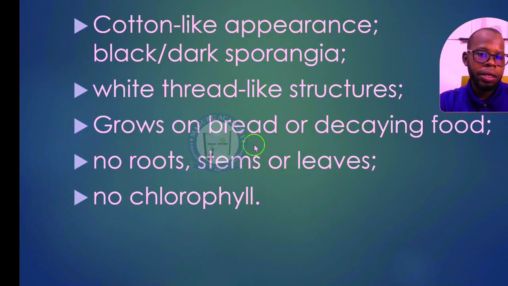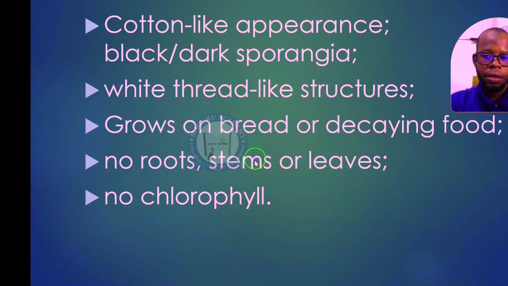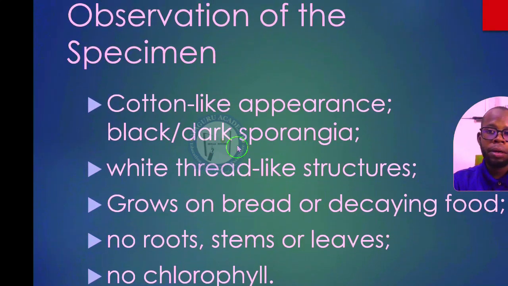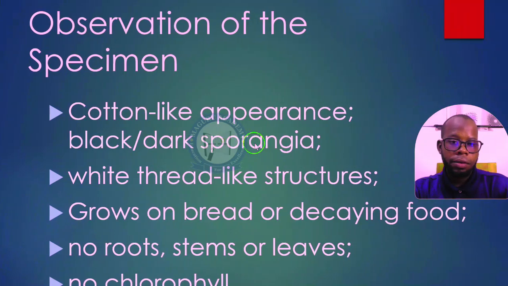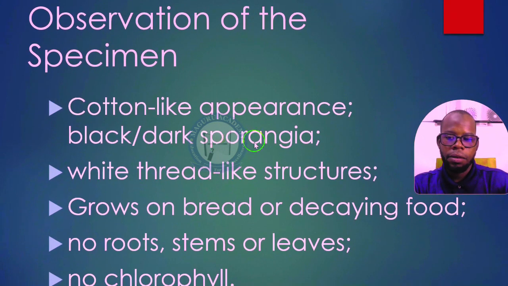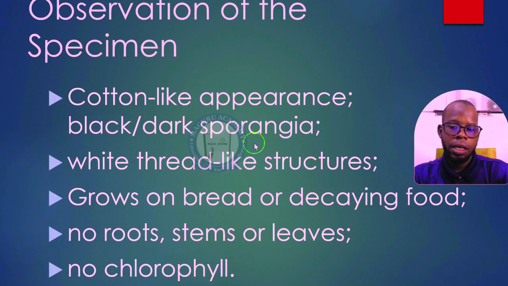It grows on bread and decaying food, with no roots; you can't see the roots of this bread mold, and no leaves. It has no chlorophyll, no root, stem or leaves, it is a thread-like structure, and appears with black or dark sporangia. Those are observable features.